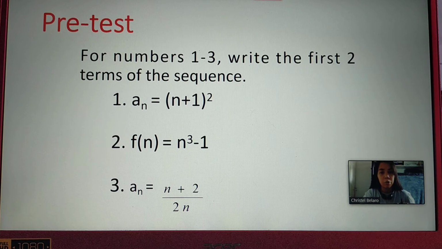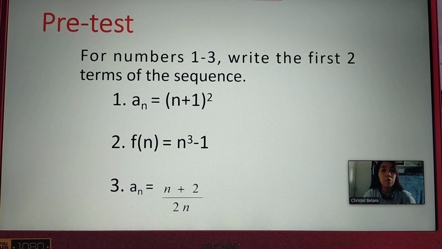Yes, 1. Okay, very good. We're going to substitute the value of n, where n is a set of counting numbers. What do we mean by counting numbers? Yes, Rain. Okay, that's correct.